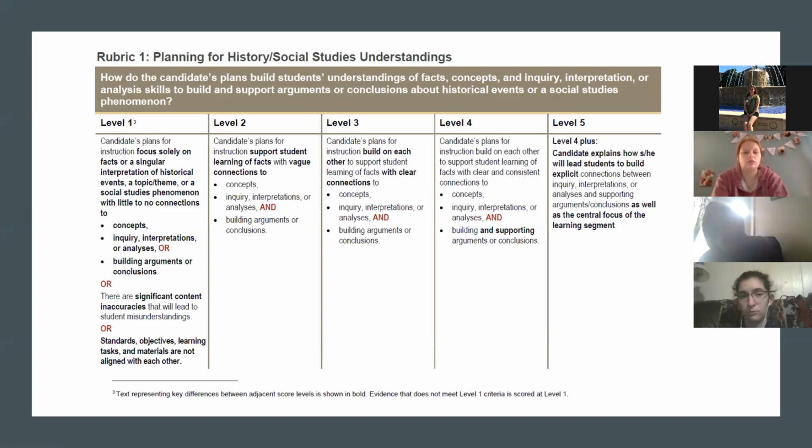Remember, this is the whole five lesson plans. It's the whole learning segment. So if the only thing you ever do is regurgitate facts, then you're going to score a level 1, right? So you need to make sure that you have connections to greater concepts, like concepts of why.